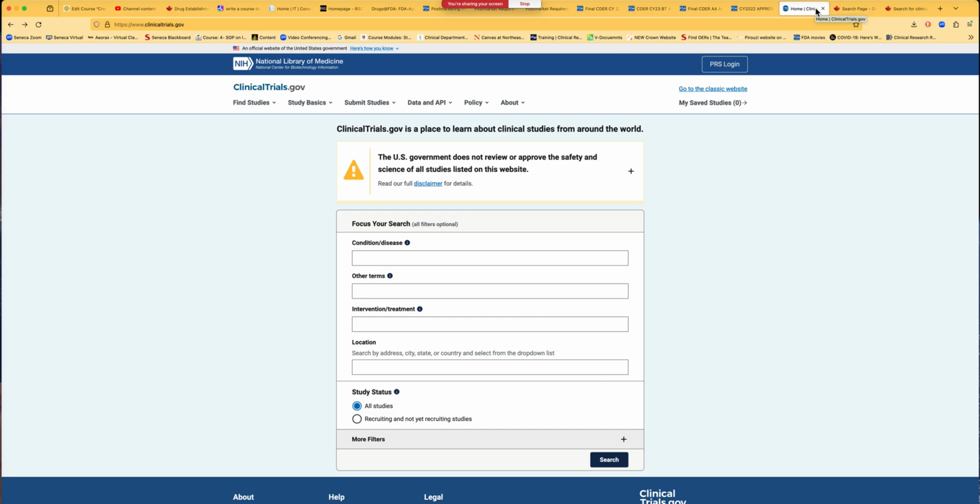Any company looking into testing their product, it may be a new product or an existing product but tested on a new indication, on a new population, or on a new formulation, for example, tablets, but now we have a liquid formulation, or injectable formulation, they will need to register their clinical trials in clinicaltrials.gov.